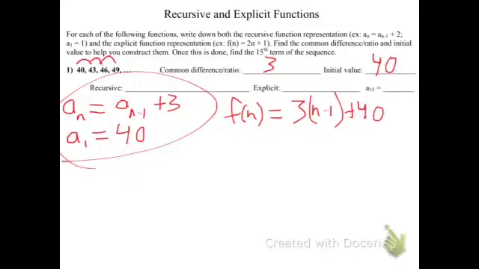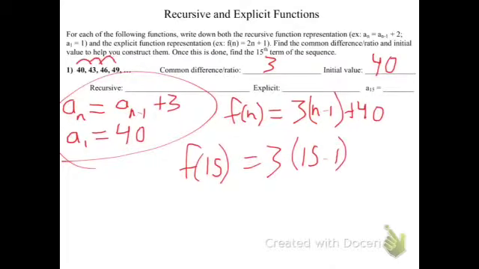Anyway, so here's our explicit function, and if we want to get the 15th term as an a sub 15, you just plug in 15 into your function. So f of 15 is equal to 3 times 15 minus 1 times 3 plus 40. Well, 15 minus 1 is 14, and when you times that by 3, you're going to get 42.